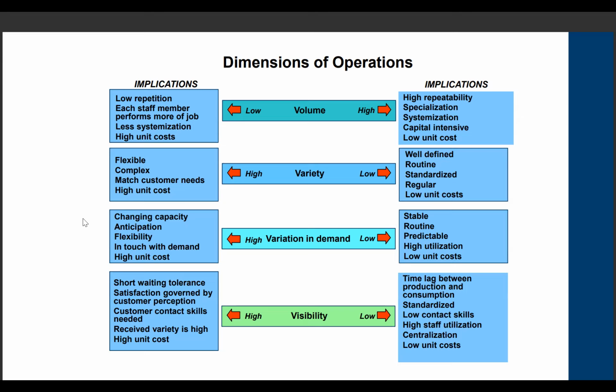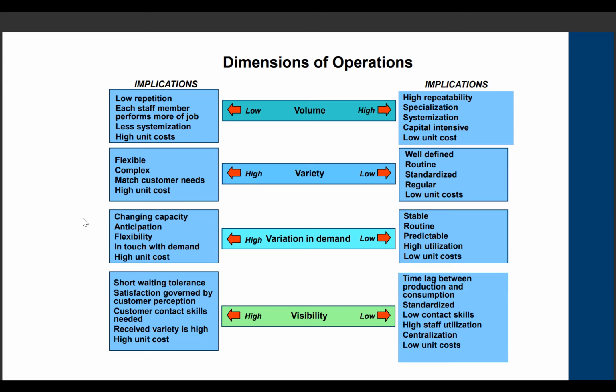Visibility. When the visibility is high, which means you can see the production process, what's going on in these operations, there's short waiting tolerance. Let's first see when there is low visibility. When you don't know what the process is, what the operations are, then there can be a time lag between production and consumption.